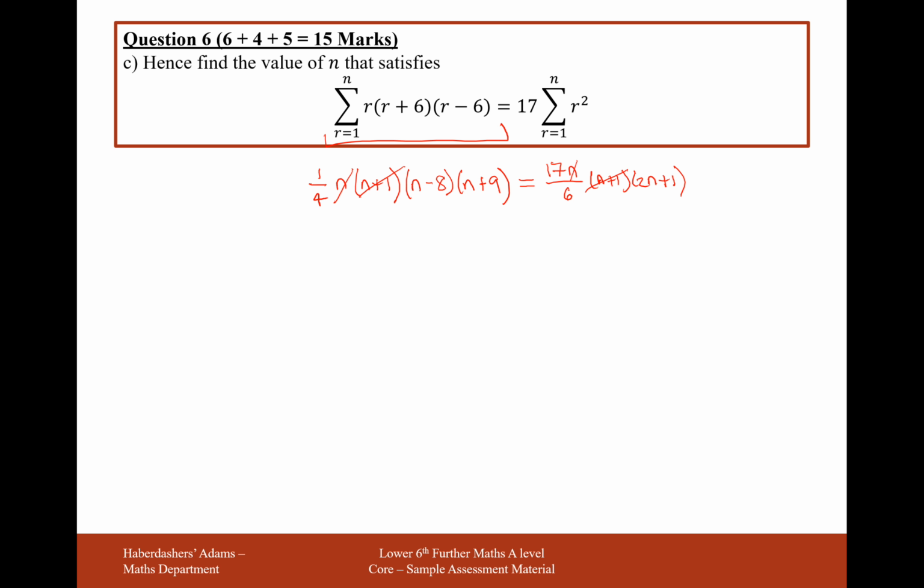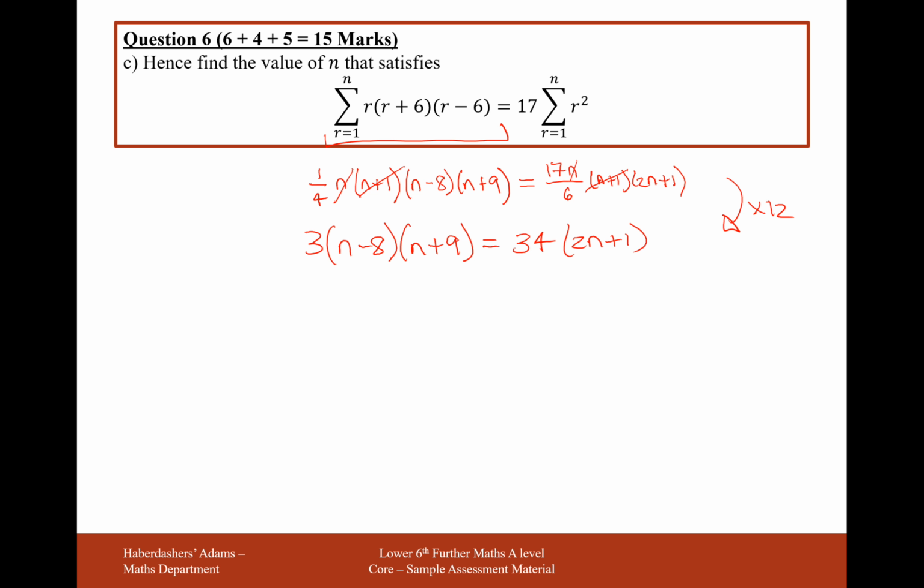Okay, let's times through by a value that will get rid of these fractions. So we'll times through by a 3 to get rid of that one there, and another 2 to get rid of that one there. Let's times through by, I think we need to times through by 12. So times by 12, and we're going to get 3 lots of n minus 8, n plus 9 is going to equal 34 lots of 2n plus 1.